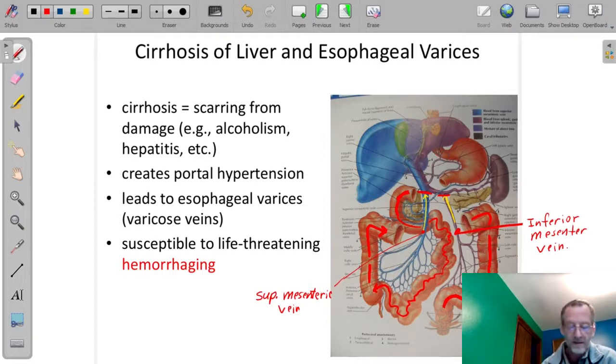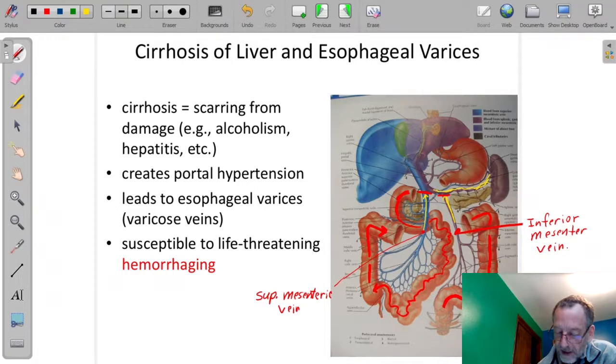Okay, so back to the hepatic portal system. Here is the splenic vein again, draining the spleen. And again, the inferior mesenteric vein merges with the splenic vein.